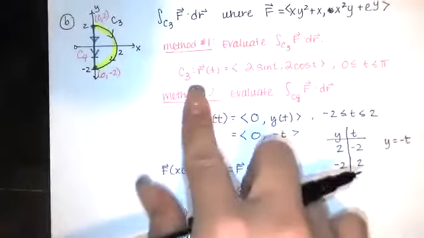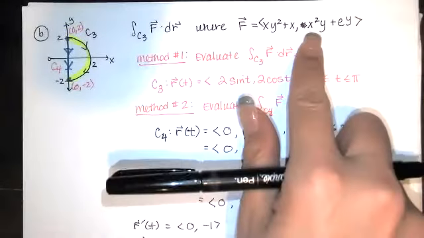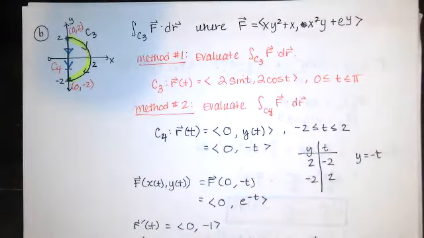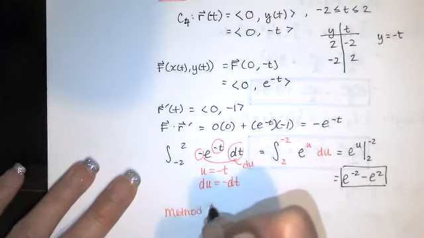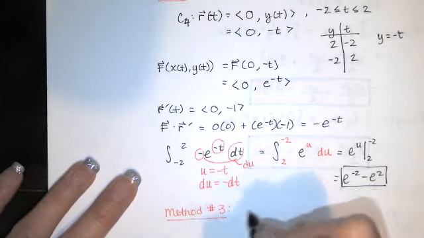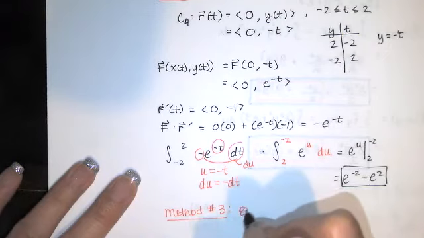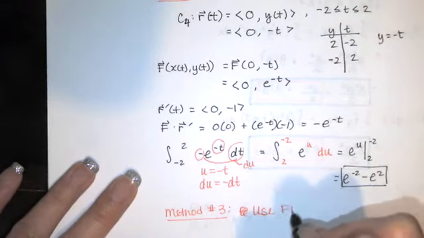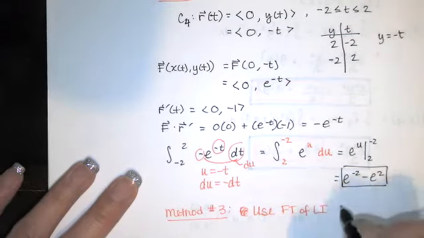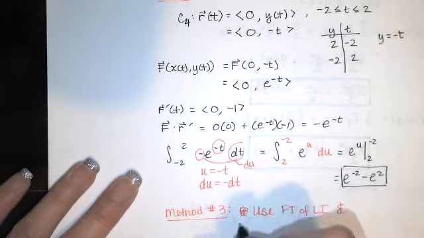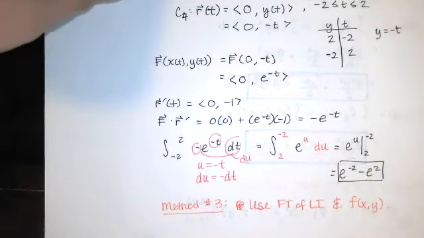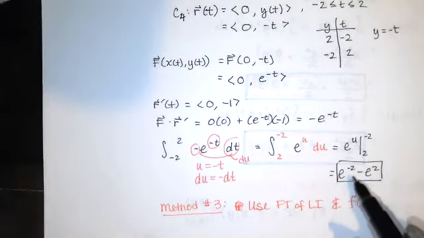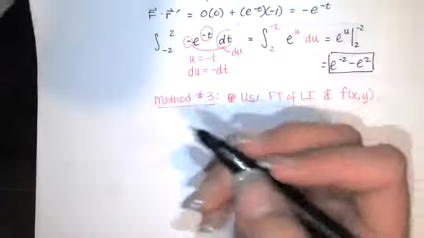Or you could say, I actually know the potential function for this already. I did that in part A. So we're going to use the fundamental theorem of line integrals and the potential function that we already calculated. I should still get e to the negative 2 minus e squared.